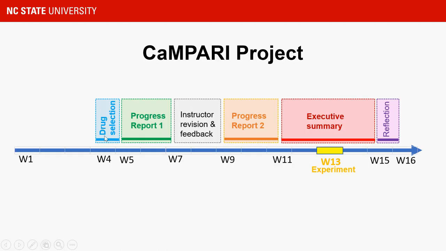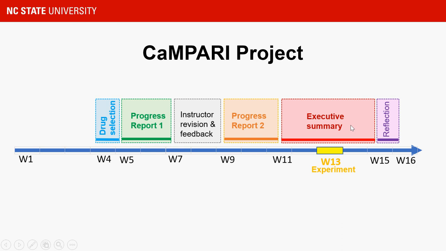So after you work with your group this week, you should be able to come up with a top 4 drug selection, and you need to submit that by the lecture of next week. Following that, you are going to work on a progress report, and you have 2 progress reports.